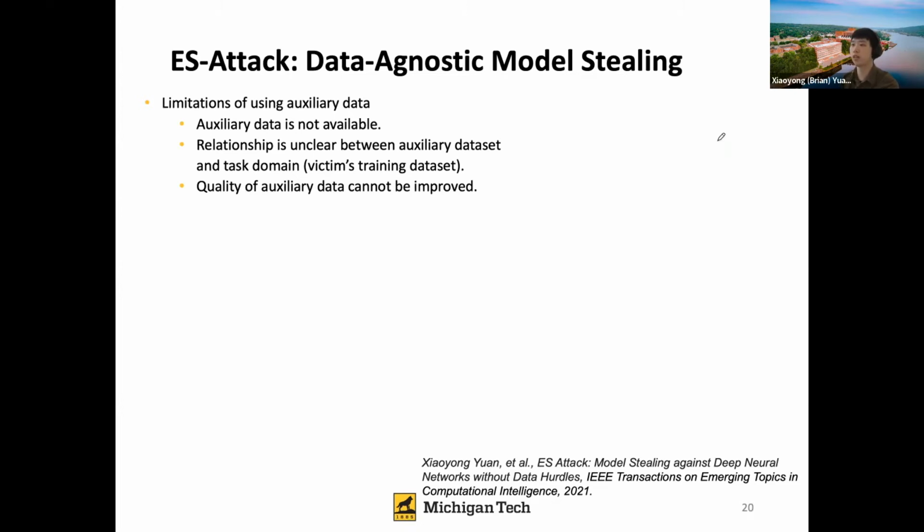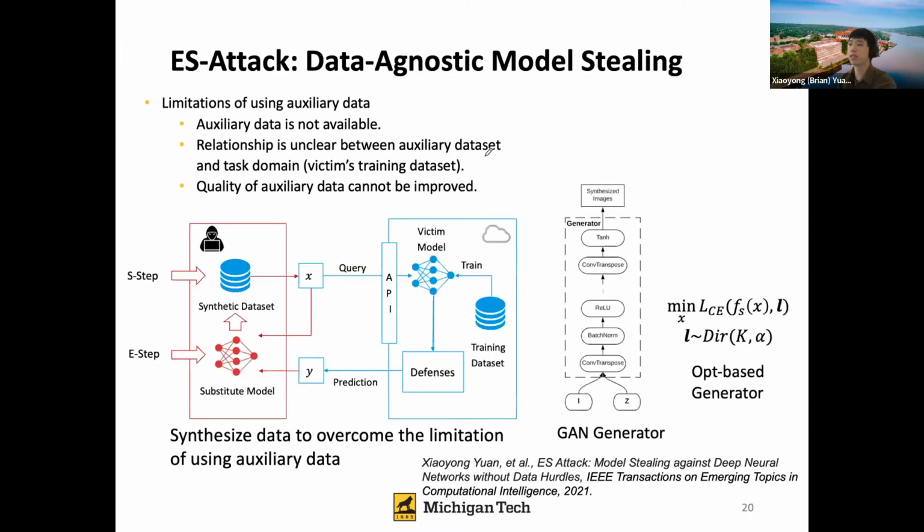Also, we found that the relationship is unclear between the auxiliary data and the task domain, the victim's training data, and the quality of the auxiliary data cannot be improved. So in our work, we propose a data-agnostic model stealing attack called ES attack, which can synthesize the data to overcome the limitation of using auxiliary data.